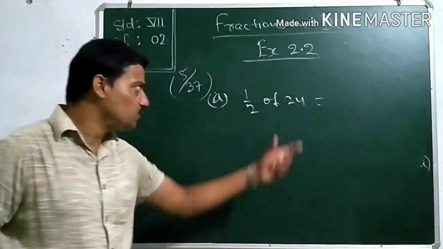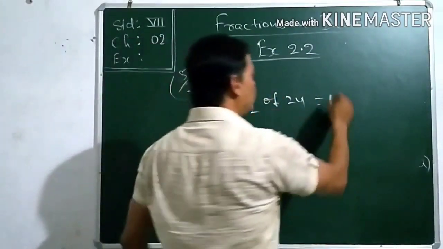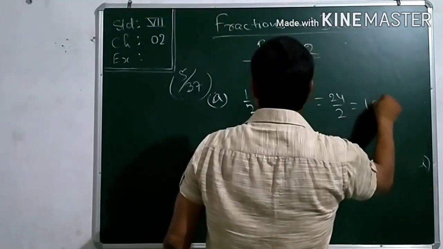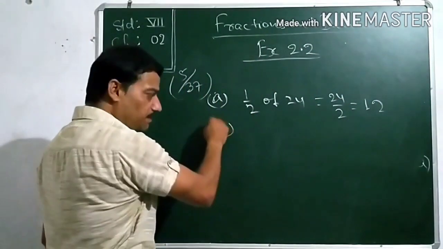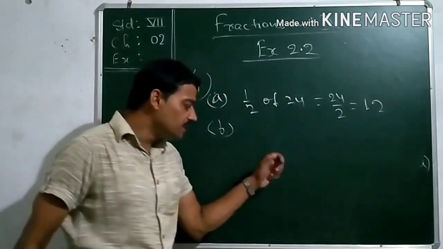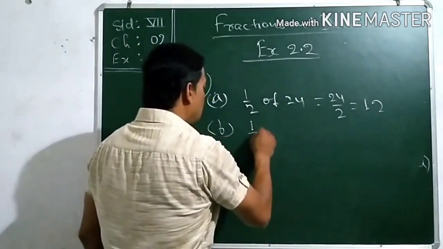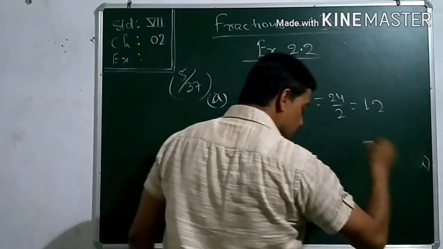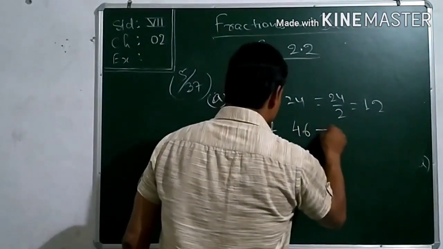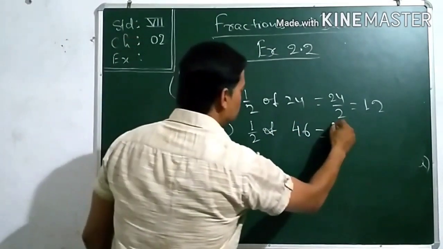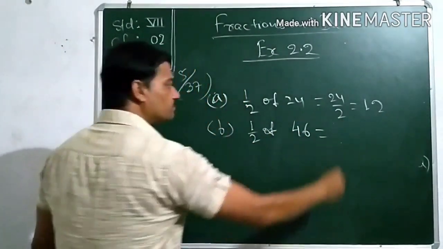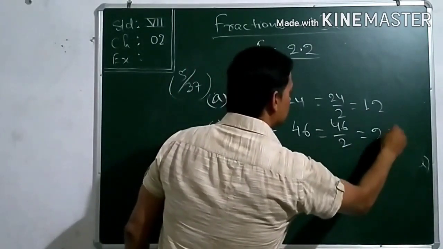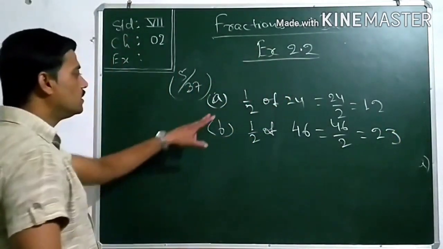As I had explained you, that will be 24 into 1, 24 by 2 equal to 12. And in the B number part, once again, 1 by 2 of 46 is asked. 46 by 2. Similarly, you can solve it. Find it yourself, the remaining sums.